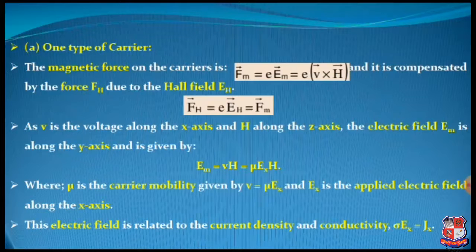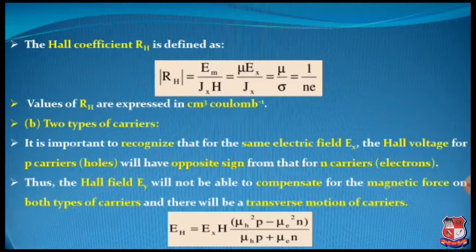So by considering the magnetic force, now we have come across the mobility and the current density, and these two parameters are mainly important to identify the presence of charge carriers, or we can say mobility, inside the investigating material. And hence the Hall coefficient, that is RH, is defined as Em upon Jx into H.